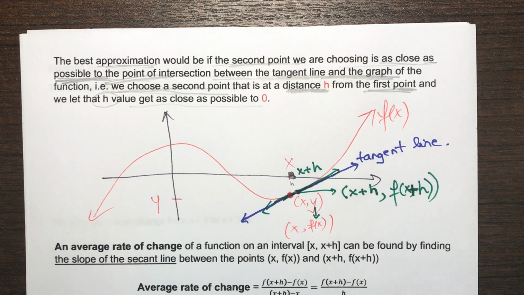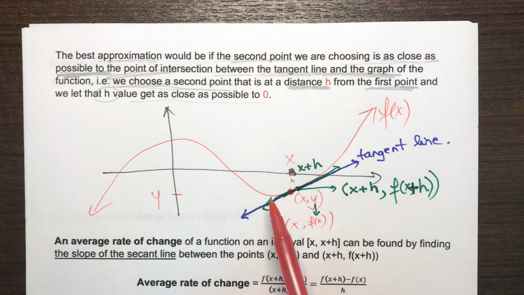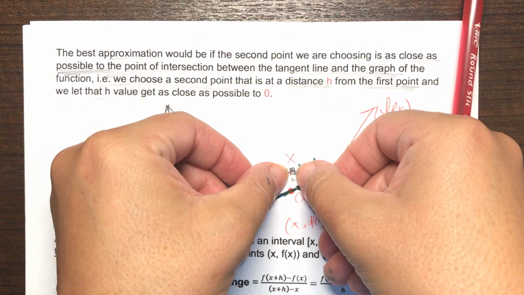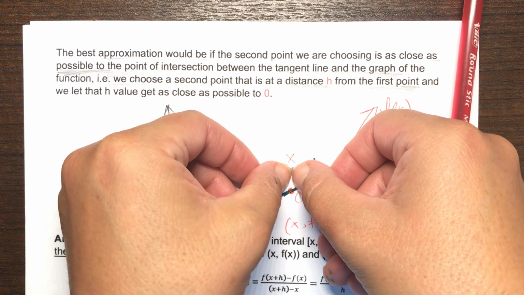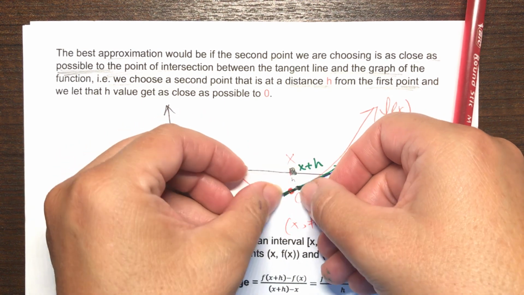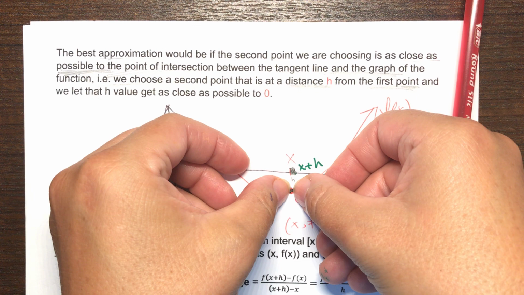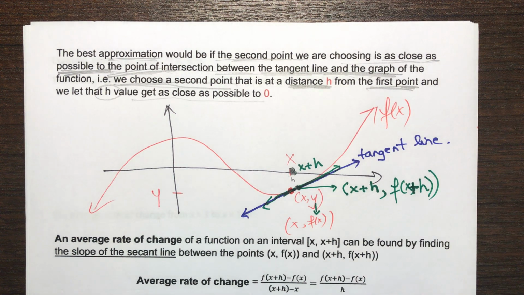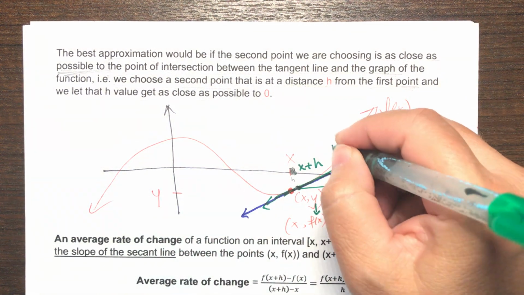So here it is. And again, what will make the approximation best? If we drive the distance between these 2 points as close as we can to 0, where we drive the second point as close as we can to our initial one. So there's my tangent line. This green one was my secant line.